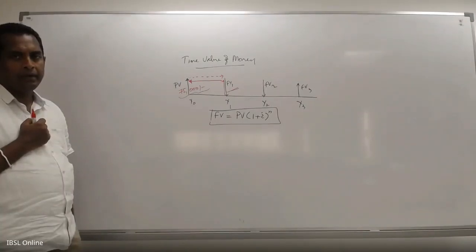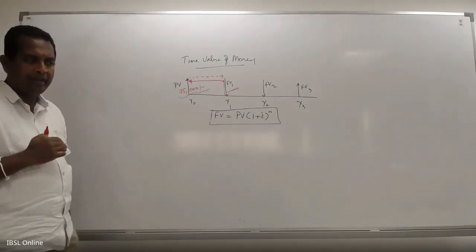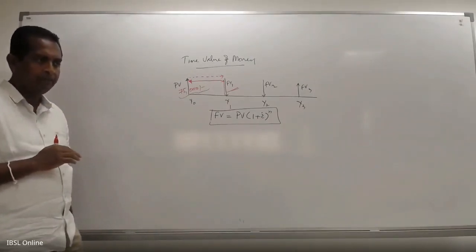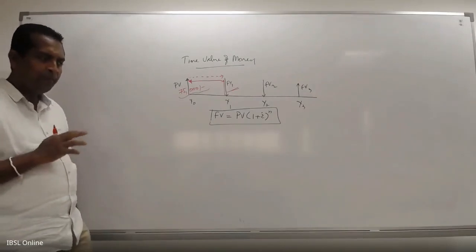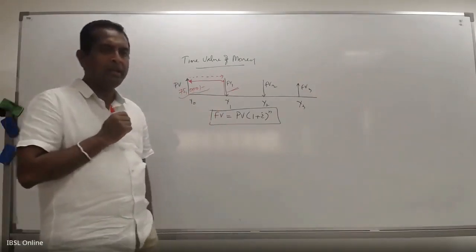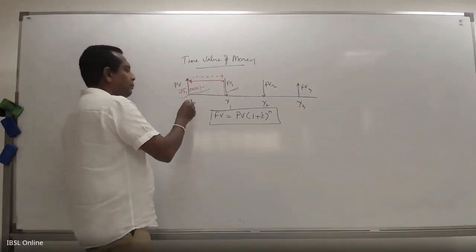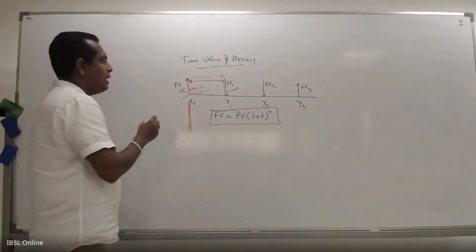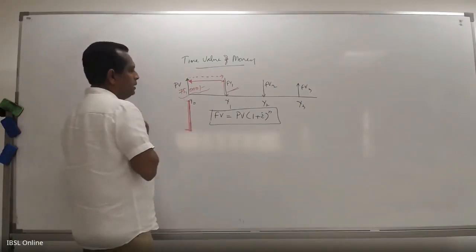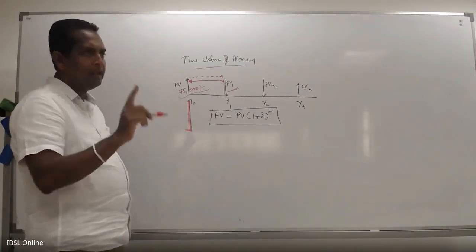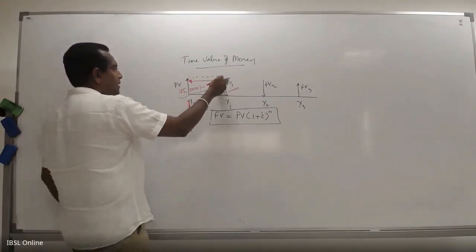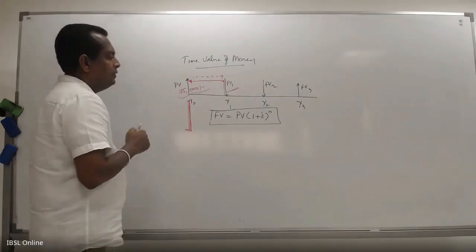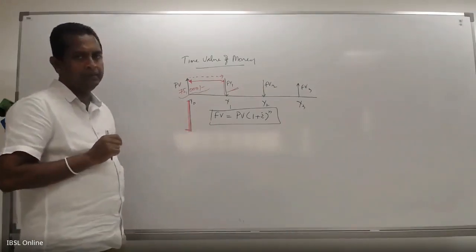In order to see whether taking 75,000 is worth it or waiting 1 year to take 100,000, you have to have both values on the same timeline. That means you have to work out both values on the same day. So you bring the future value to today's value. How can we do that? We have a formula here.